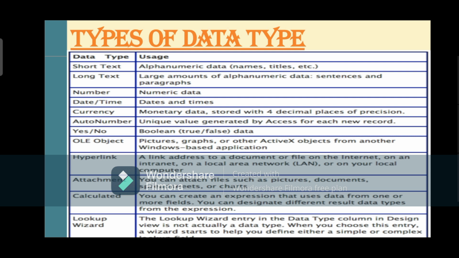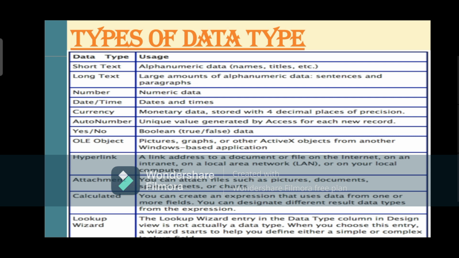Okay. Next type of data will be hyperlink. A hyperlink data type is used to represent an address to a document or file on the internet, on an intranet, on a local area network or on your personal computer.